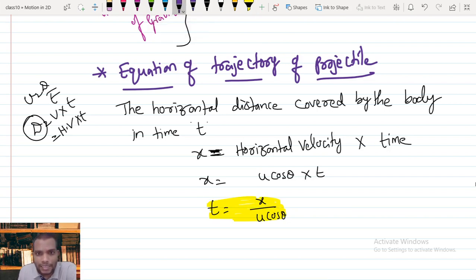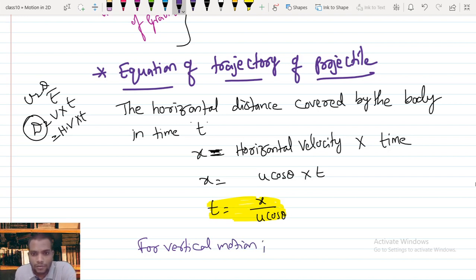Likewise, let's figure out the vertical distance. So for vertical motion, the vertical distance is equal to y. You got it?